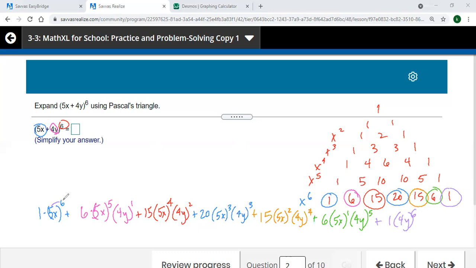Hopefully you've got a calculator available for that, because I don't think you really want to do it by hand. 5 to the 6th power is 15,625, and the x to the 6th power. Now over here, we've got to do the 6 times the 5 to the 5th power times the 4. Holy smokes.